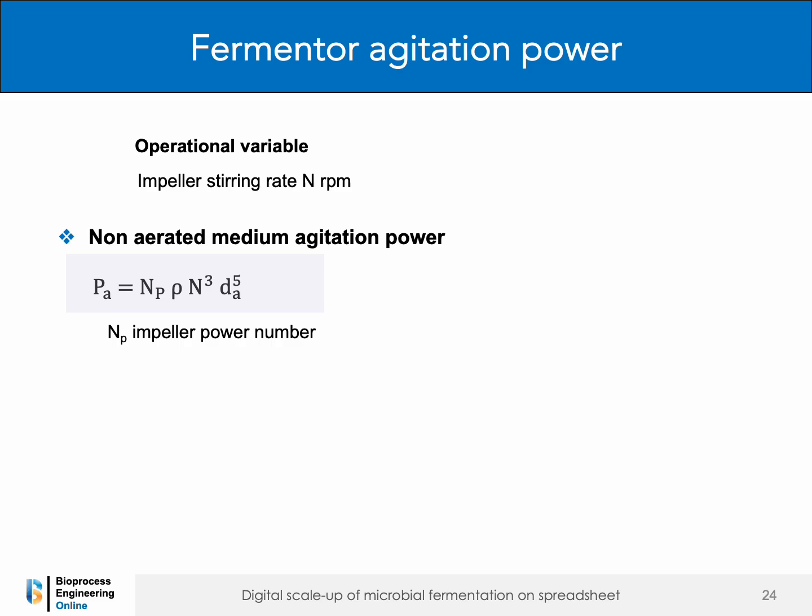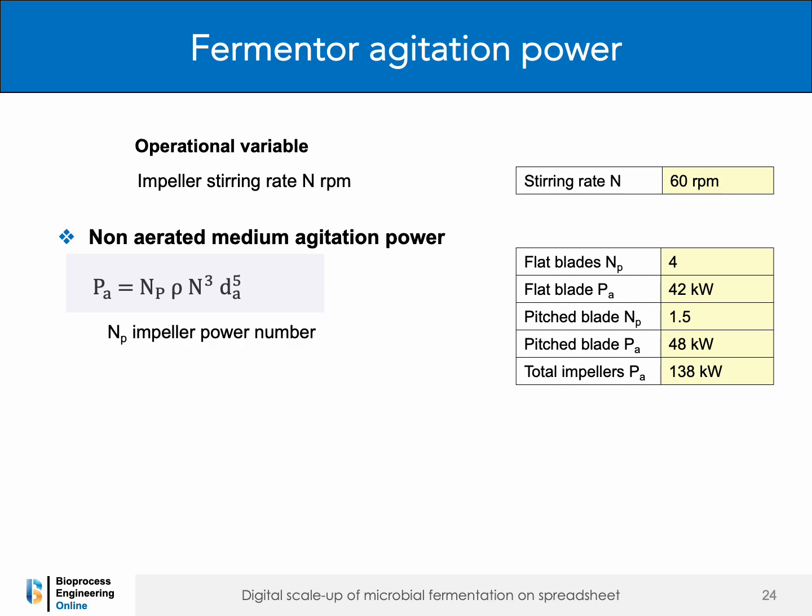For agitation, and as a function of the input variable, the impeller stirring rate N, in revolutions per minute, it first calculates the ungassed agitation power, PA, using standard engineering correlations. PA equals NP rho N to the power 3, dA to the power 5, where NP is the impeller power number, rho the medium density, N the stirring rate, and dA the impeller diameter.